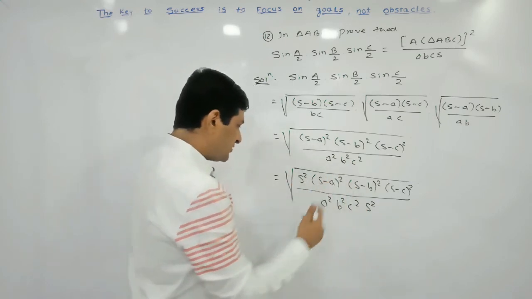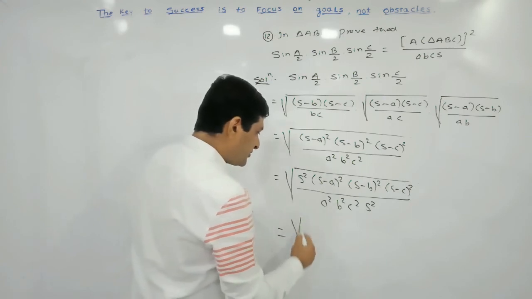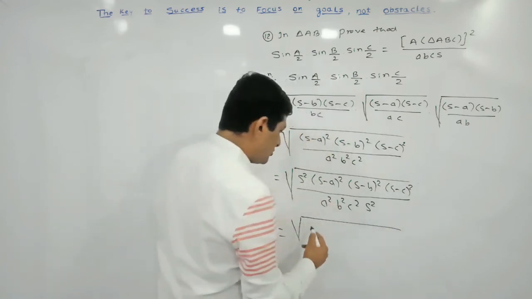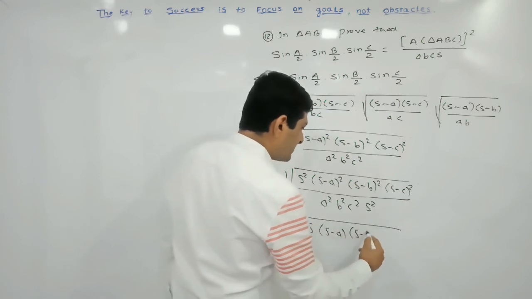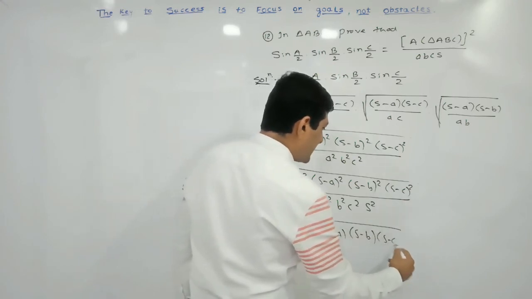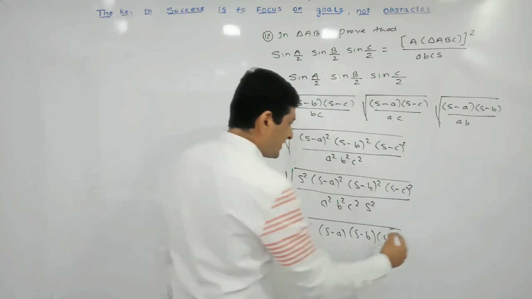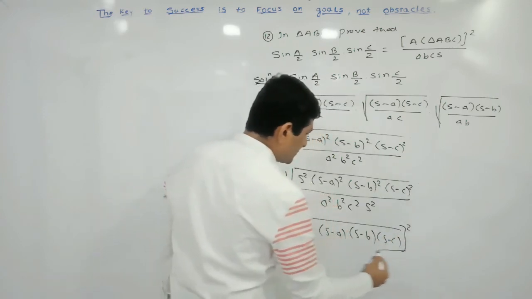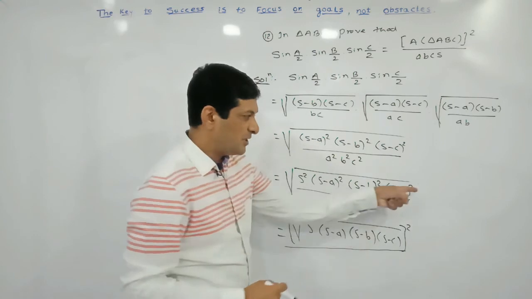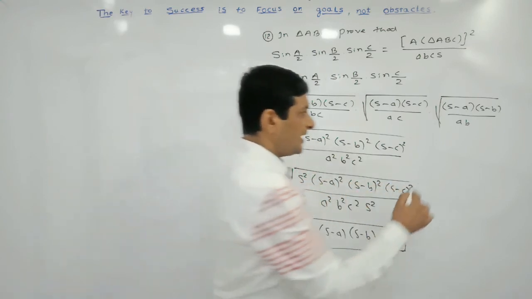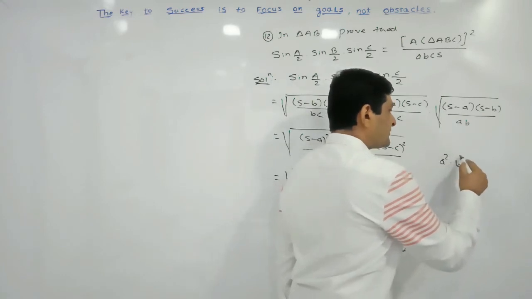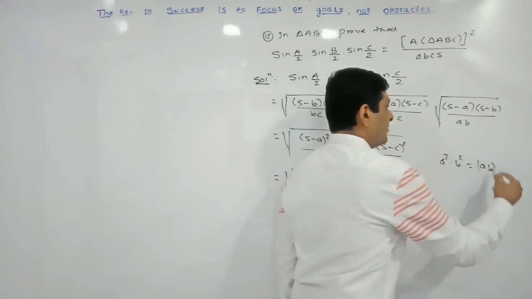So now observe this numerator. Can I write this numerator as under root s(s - a)(s - b)(s - c) whole square according to the laws of exponent? We are able to take the square common from all the terms, because we know that a square into b square can be written as (ab) whole square.